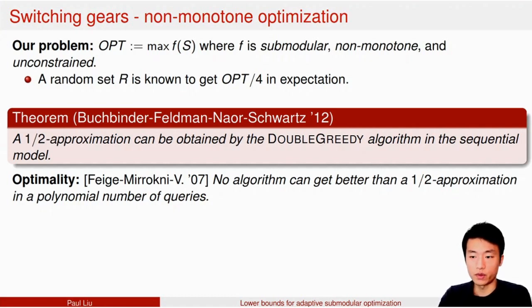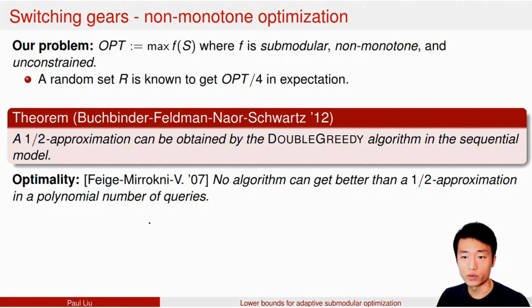One example, as mentioned before, is if you have a cut problem, the size of the cut starts from 0 if you have the empty set, and ends with 0 if you have the set of all vertices, and in between it could be higher. So furthermore, we're in the setting where there's no constraint on the number of elements in our optimal set.